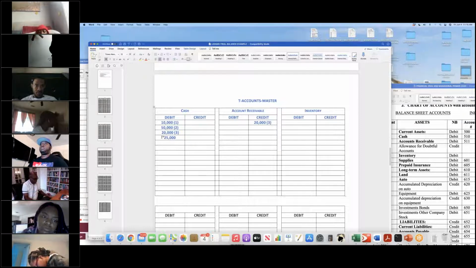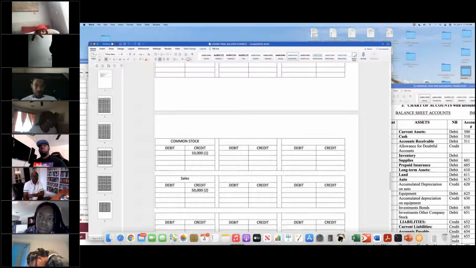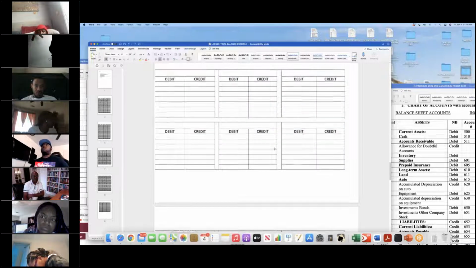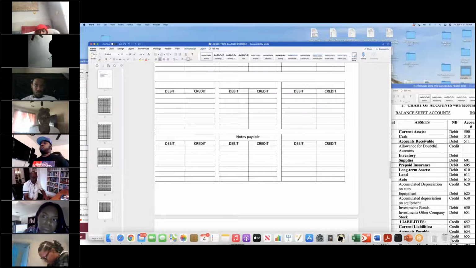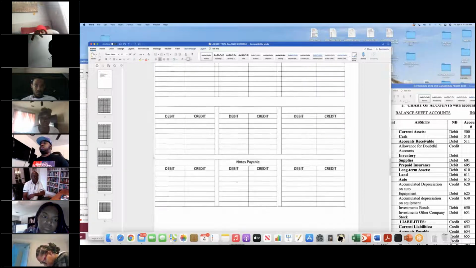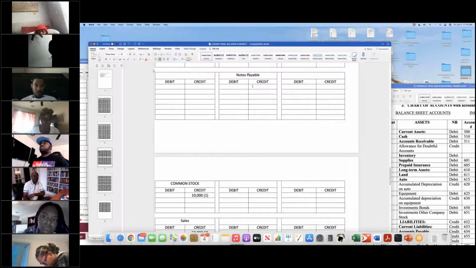So you see we're building up to see how much cash we have and how much is in each account. Okay, we'll put notes payable here, $25,000.